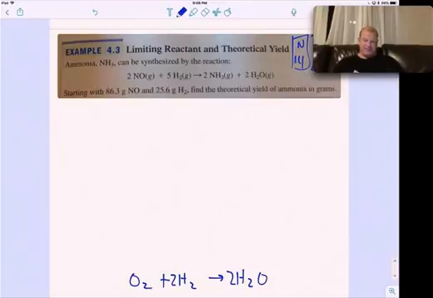It's done very rapidly. This one would not be a very practical reaction, but let's go ahead and look at it. So this one, we have to do both. We have to figure out which one gives us the lower amount. When you do theoretical yield, it has to be the lower amount.